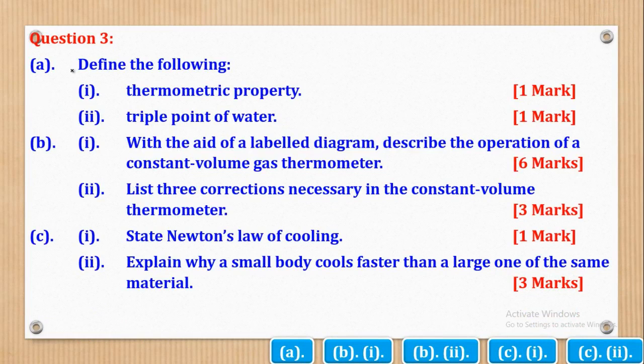So question 3, part A says define the following: Roman 1 thermometric property and Roman 2 triple point of water.